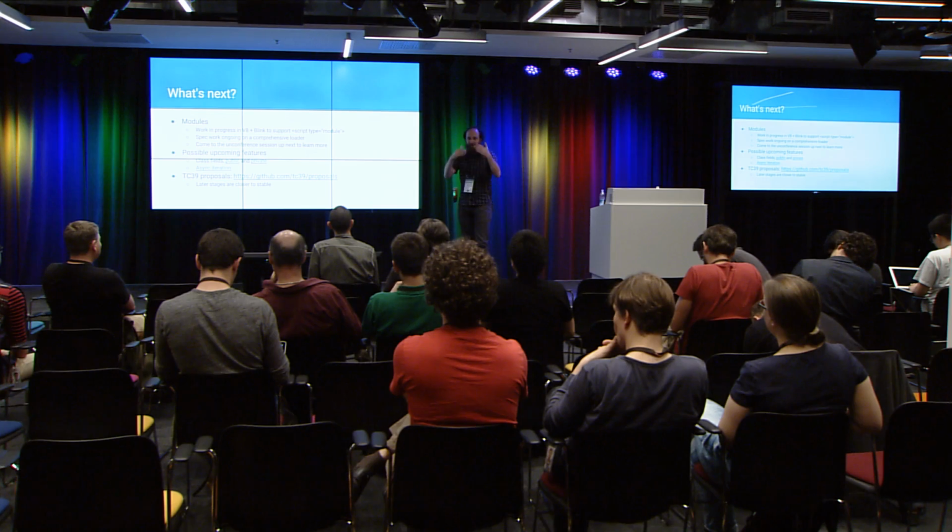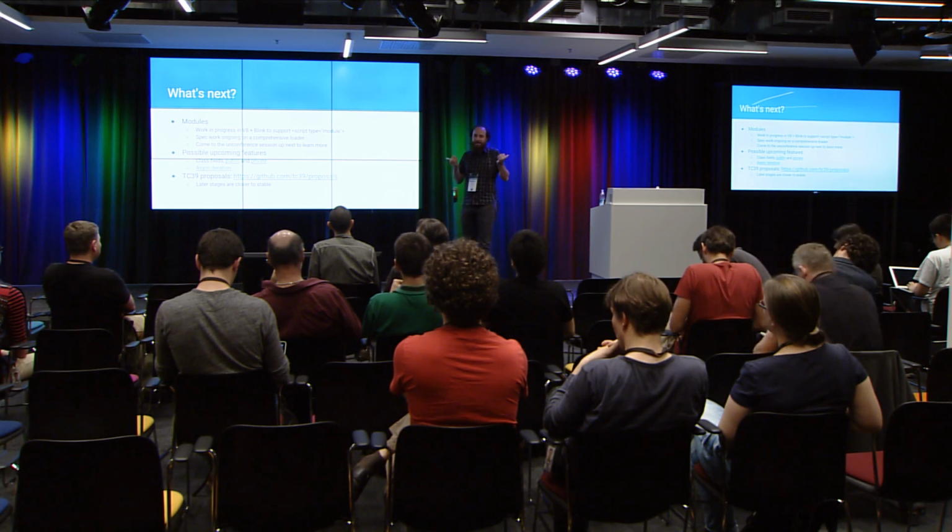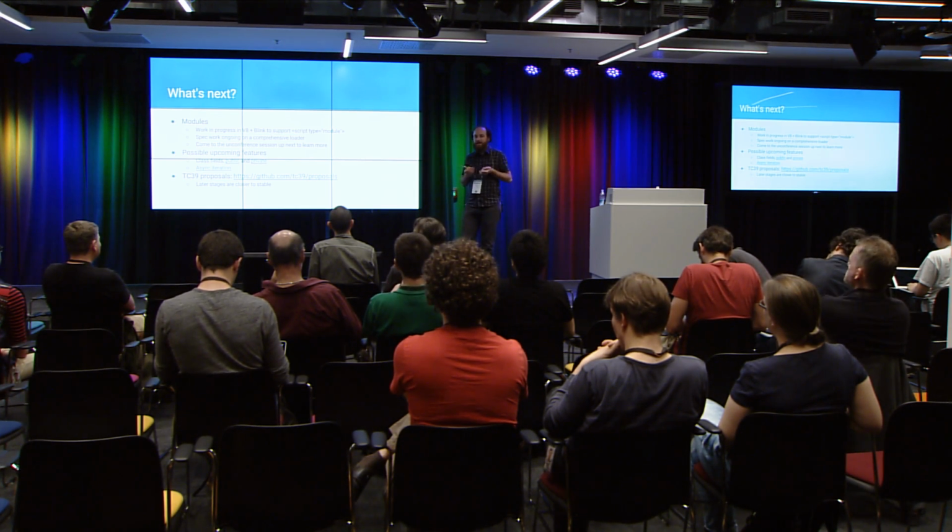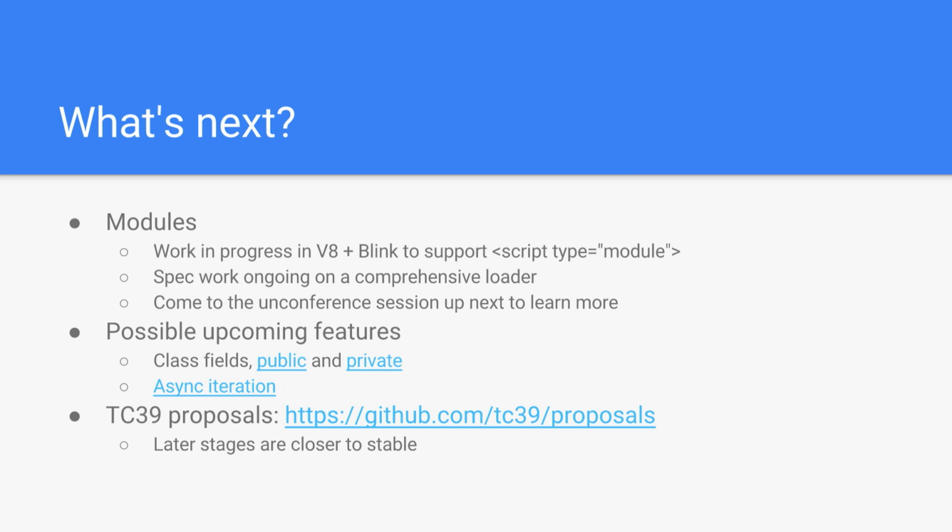But we'd really like a way to have private state. There are a lot of people coming from Java, for example, who think they want their member variables private, and there's not really a nice way to do that right now. So we'd like to add syntax and semantics for that, and there's a proposal underway. Even for public fields, that syntax is not great for a variety of reasons.